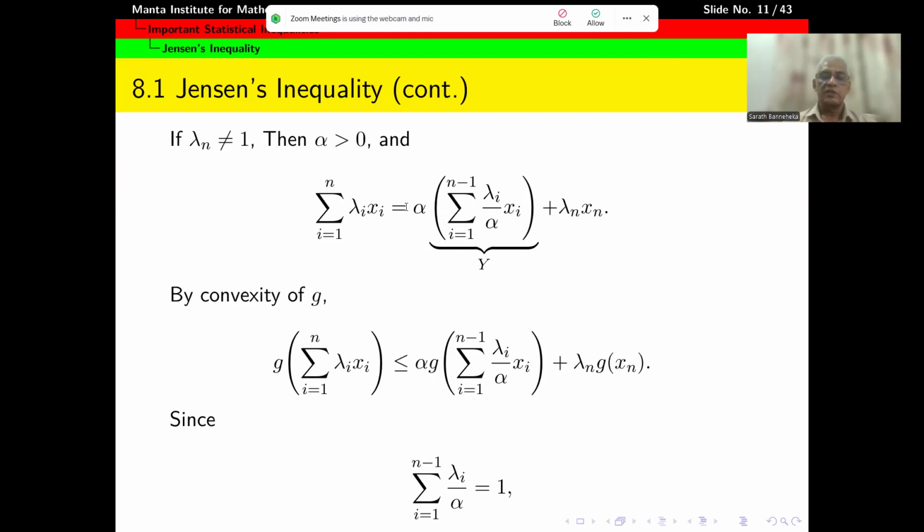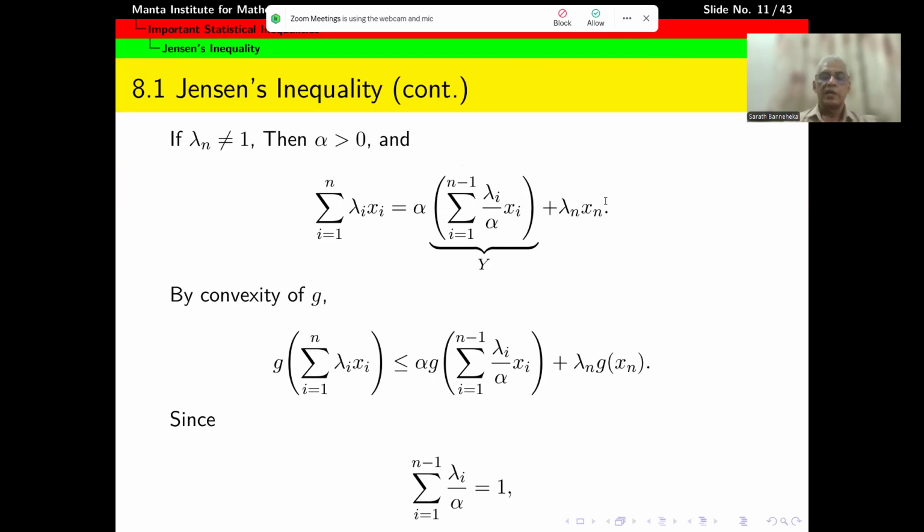You can easily see that this quantity is equal to this quantity plus lambda n times xn. We are considering the sum up to n minus 1, but with the divisor alpha and multiplied by alpha to cancel it off. So this quantity is the same as this one.